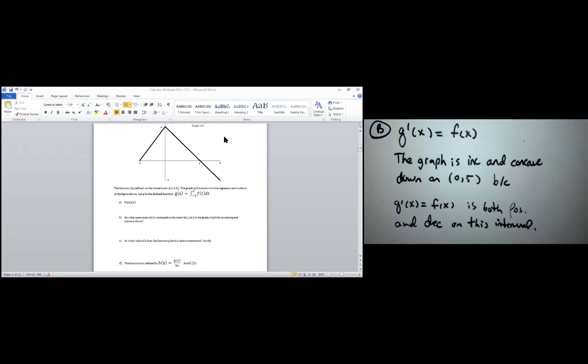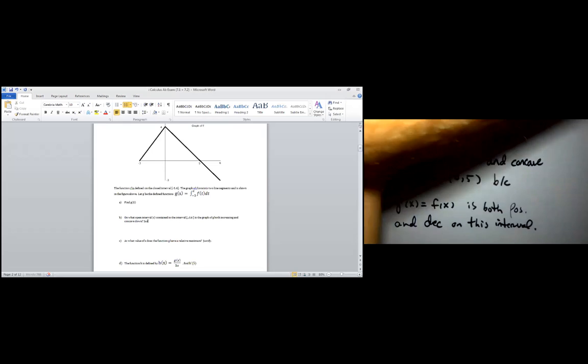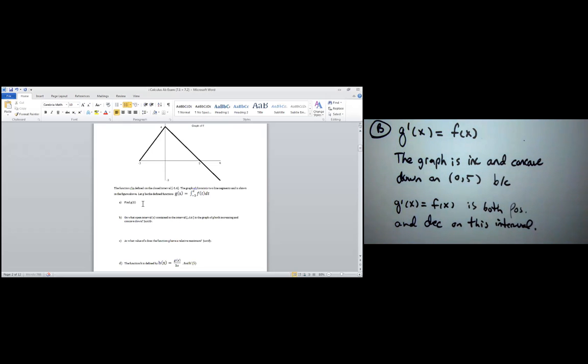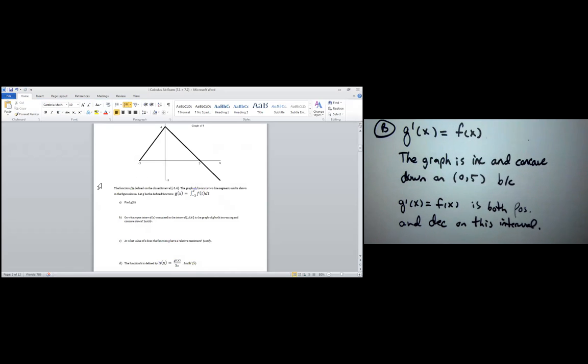The test should say to justify, but we should, at least for our practice right now in class, we're always going to justify because it's anyone's guess what they're going to ask you to or not on the test when you actually take it. So there we go. Now it says justify. The ones on the AP exam most likely are going to be saying to justify. Okay, so 3 points for that one.